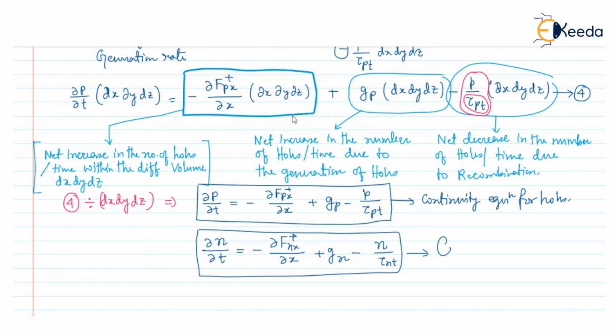This will be the continuity equation for electrons. So this is all about the continuity equation for holes and electrons inside the semiconductor.